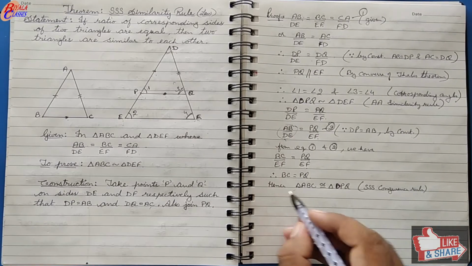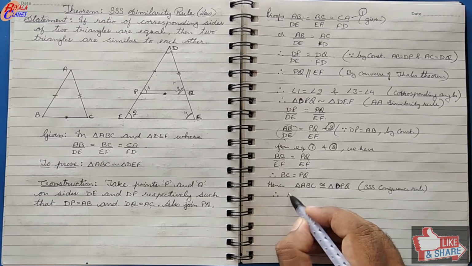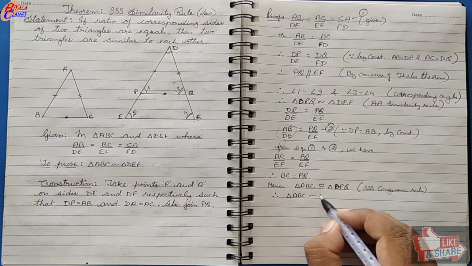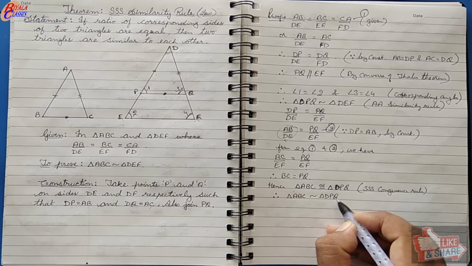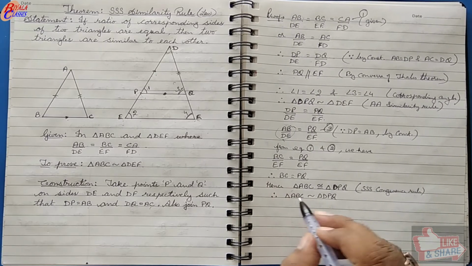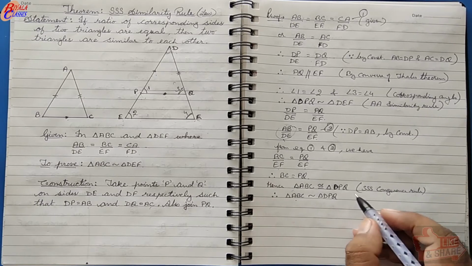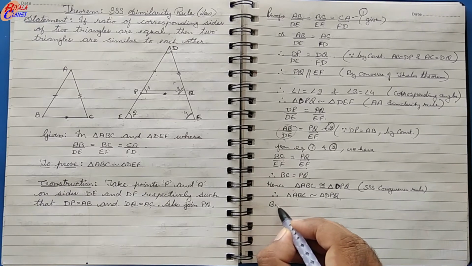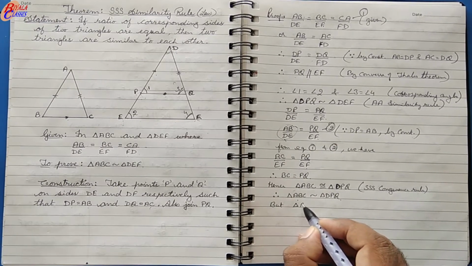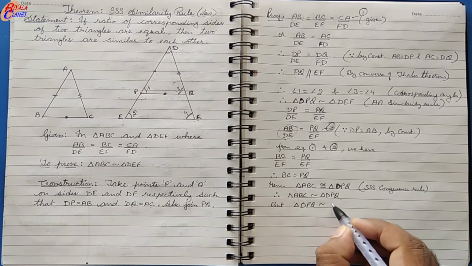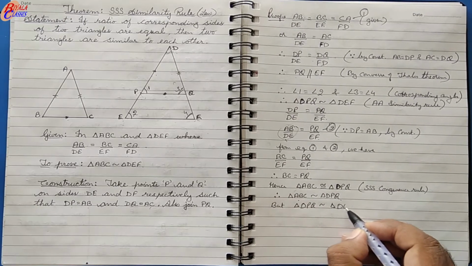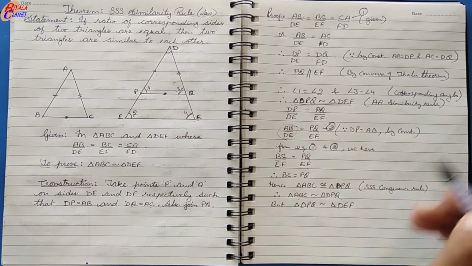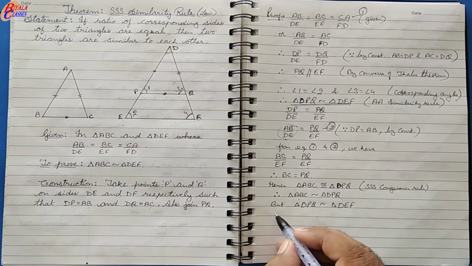Now, sorry, not similar, these are congruent to each other, and congruent triangles are considered to be similar also. So we have that triangle ABC is similar to triangle DPQ. But we have proved that triangle DPQ is similar to triangle DEF. Here we have proved that DPQ and DEF are similar to each other. So what do we have?